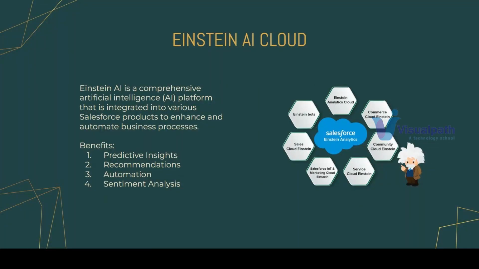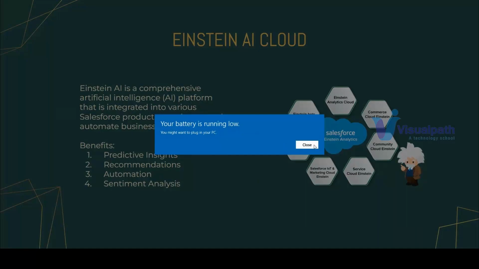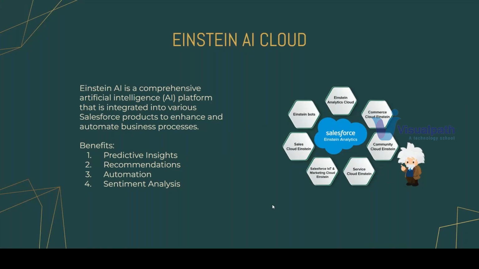Based on the wordings they use, let's say for raising a ticket, if their wording is rude or if it is polite, or the chat or the phone call they are doing with you, based on those tones or words being used, the sentiments can be analyzed. Okay, so these are some features which are provided by Einstein AI Cloud.